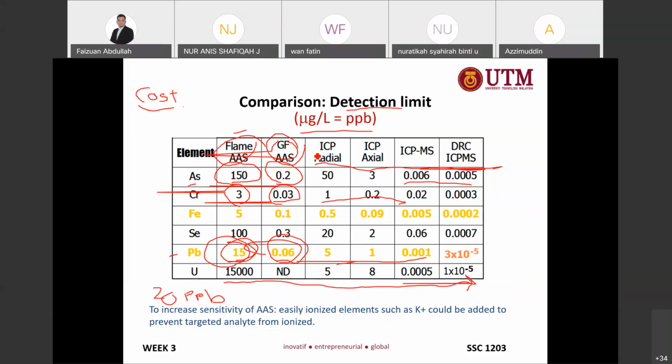And the other instruments are also expensive. Look at the detection limit. If the instrument can detect at a very low detection limit, it is also expensive to analyze using that instrument. Understood? Yes, sir.